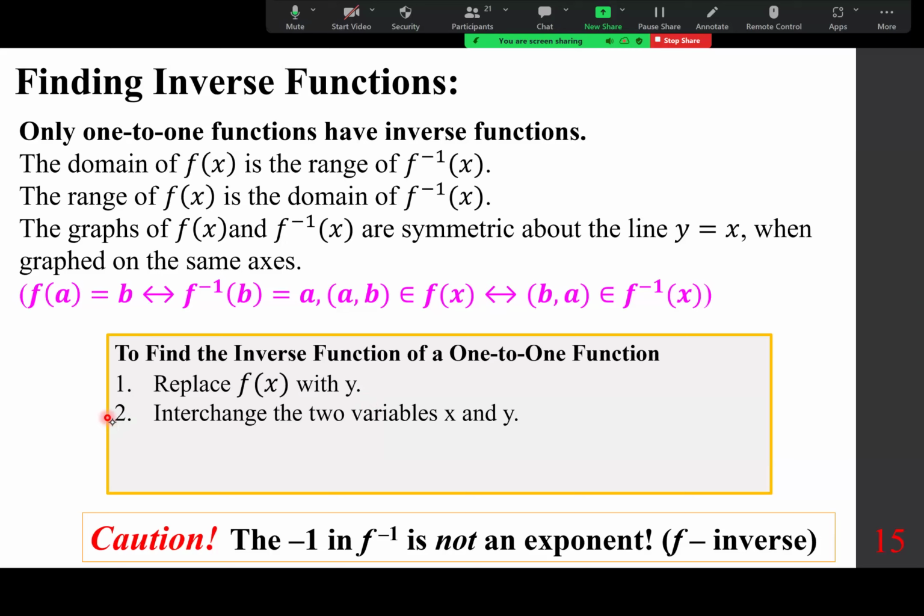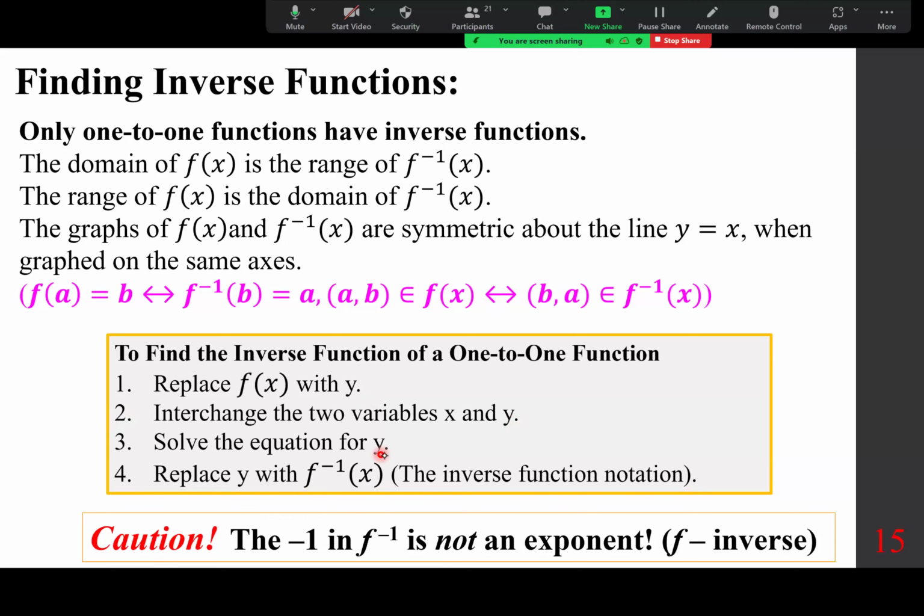At step 2, we do have the inverse. However, we don't leave it like that. We always solve for y. When we're done, we replace this resulting y with f inverse. That is the inverse function. And of course, it's good practice to check your work.